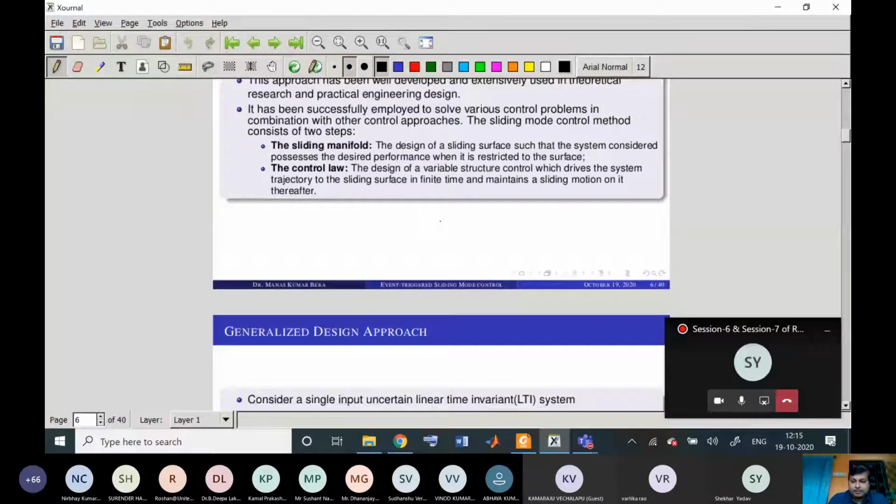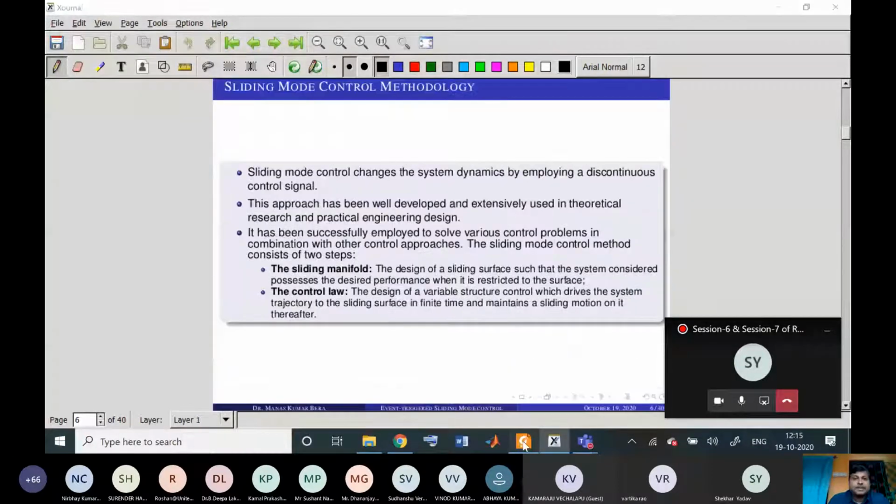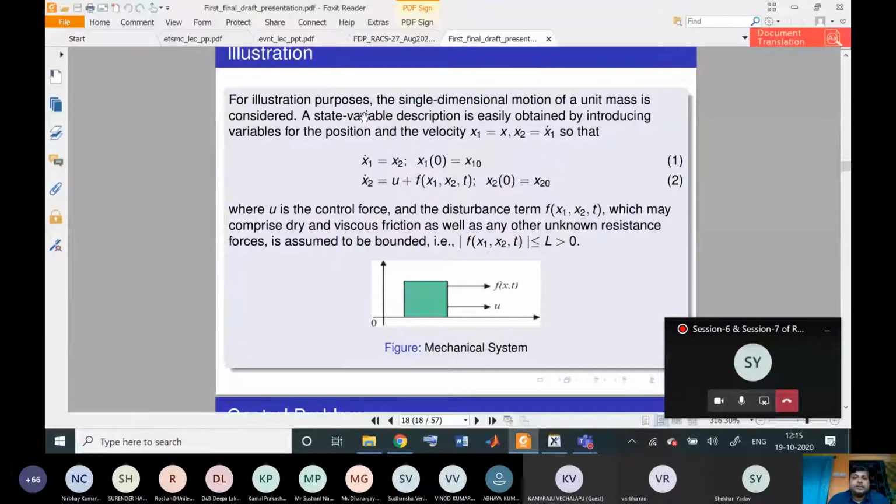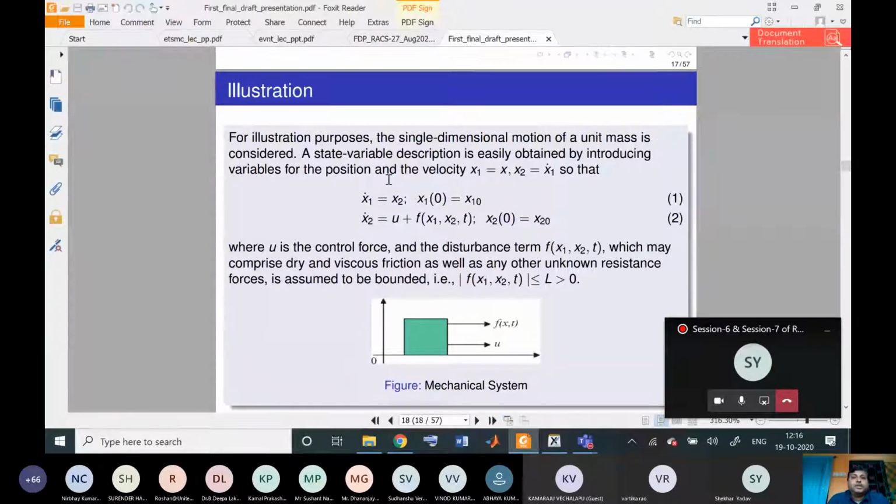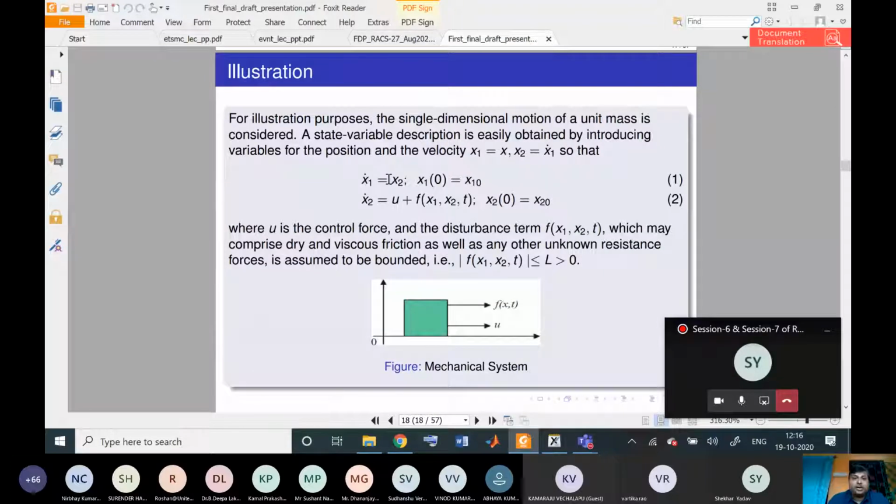Now I will discuss an example to understand the sliding mode control design that I described. For illustration purposes, a single dimensional motion of a unit mass is considered. Suppose a mass has been considered, and we are applying a force U. The state variable description is easily obtained by introducing variables for the position and the velocity.